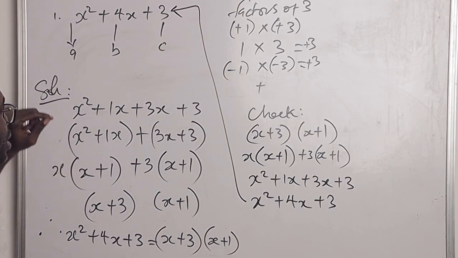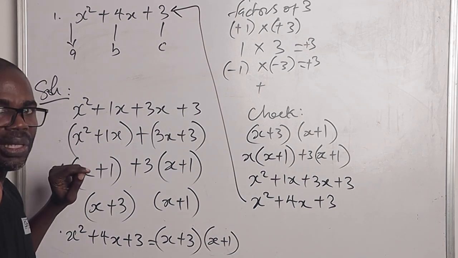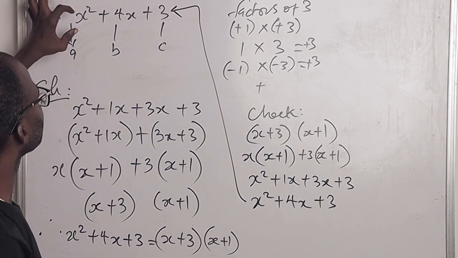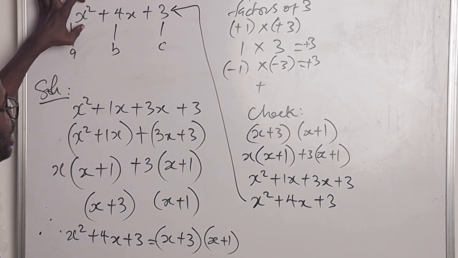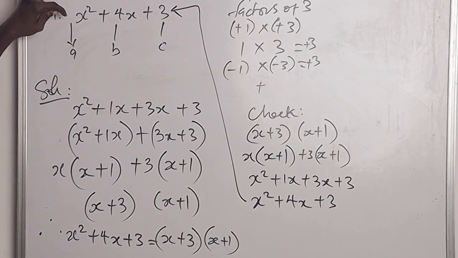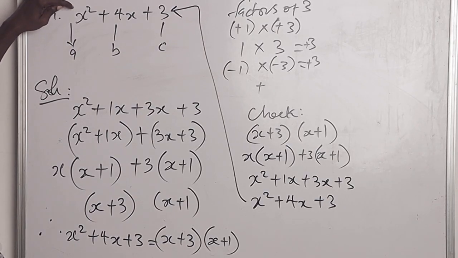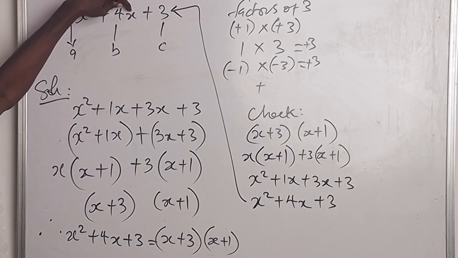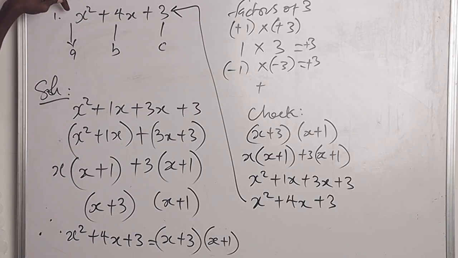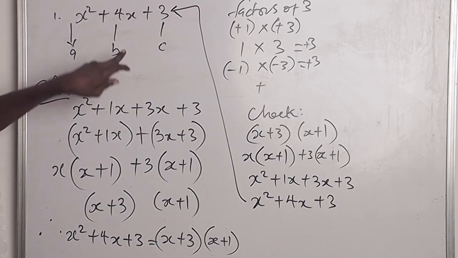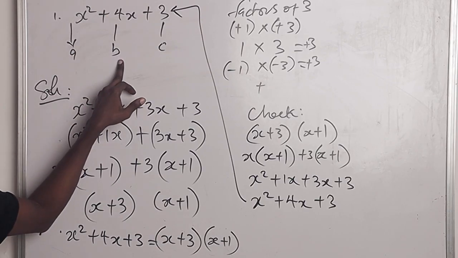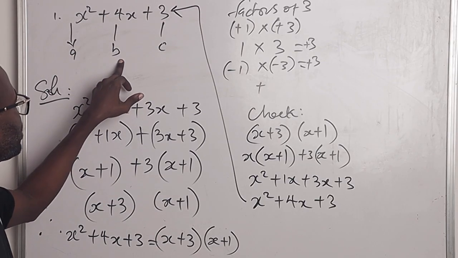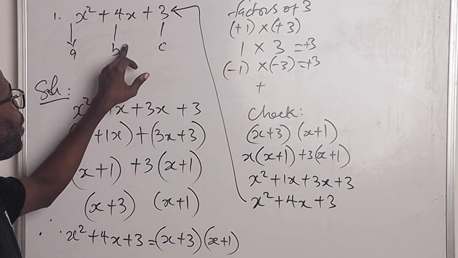Let's recap in this class before I take another question to solve for us. When you see x squared, just know that there is an imaginary coefficient here, which is 1. When you see 4x here, this 4x is referring to the second coefficient, which is 4.